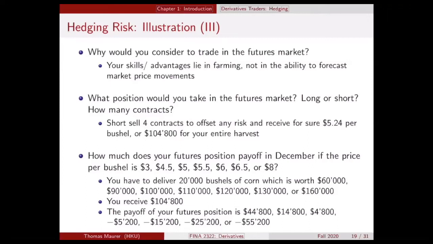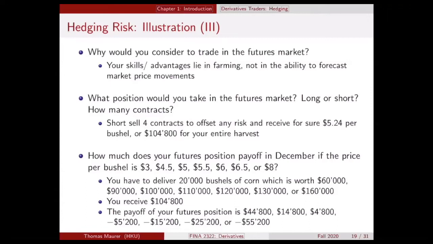Well, he's going to get that if he short sells contracts. Why is that? Well, by short selling, you lock in a price at which you are allowed to sell corn. And that means if the price of corn drops, then you can deliver corn, which is relatively cheap, and get the relatively high fixed price, and therefore you make a profit from these futures contracts.